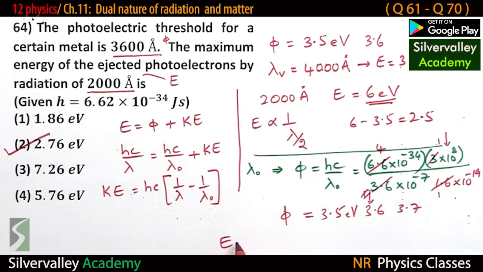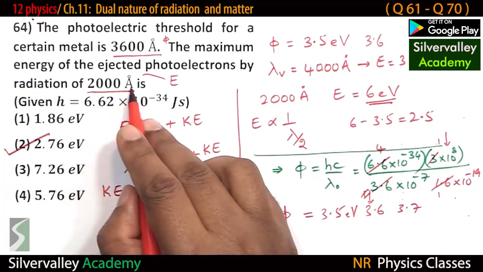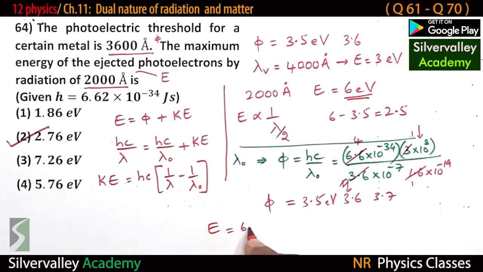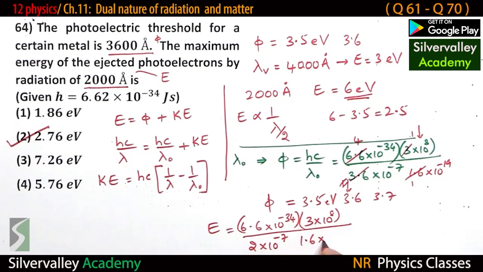Similarly, energy of incident light corresponding to 2000 angstrom: 6.6 × 10^-34 h c by lambda, 2 × 10^-7, 1.6 × 10^-19. This one, this 4 by 2, 2 into 3, 6 electron volt.